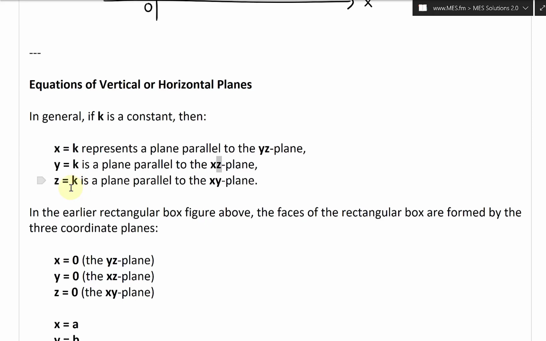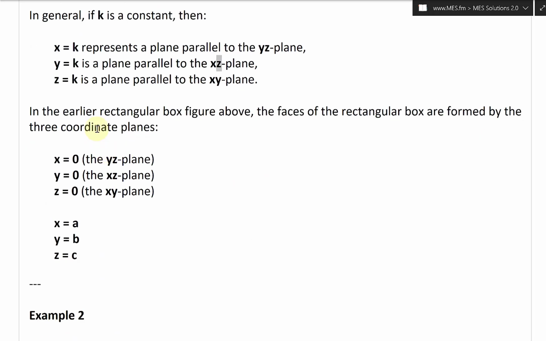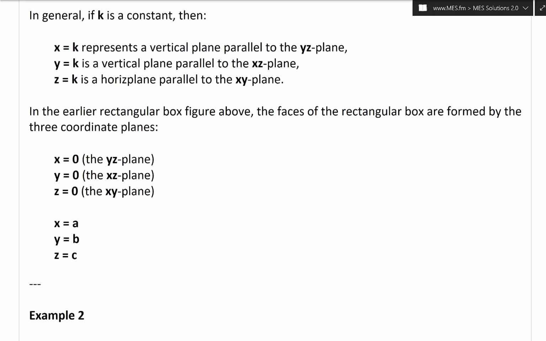And then z equals k is a plane parallel to the xy plane, and that's going to be horizontal, and so on. I'm just going to write over here: represents a vertical plane, and whenever z is constant, it's a horizontal plane, parallel to the xy plane.